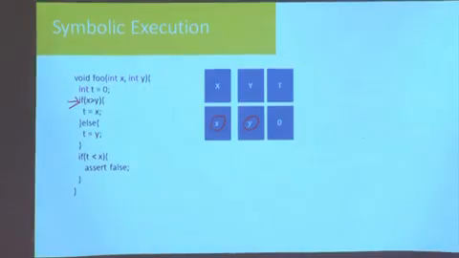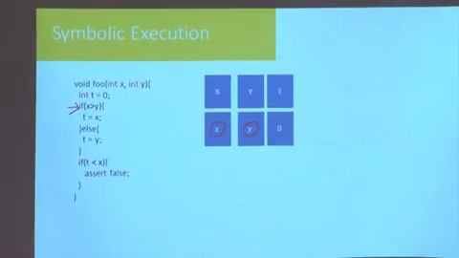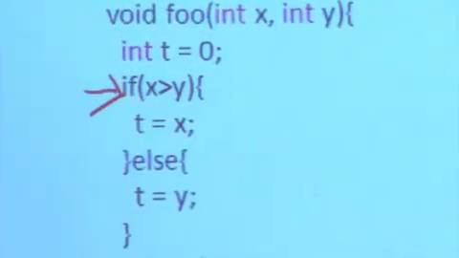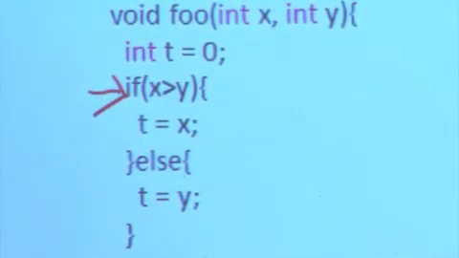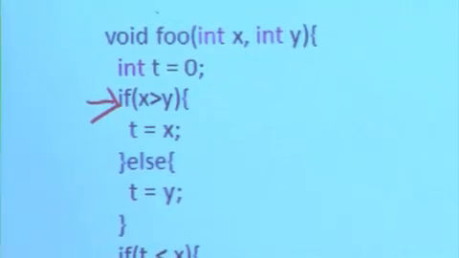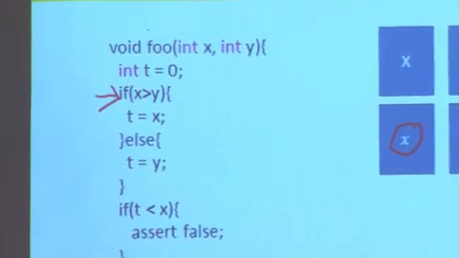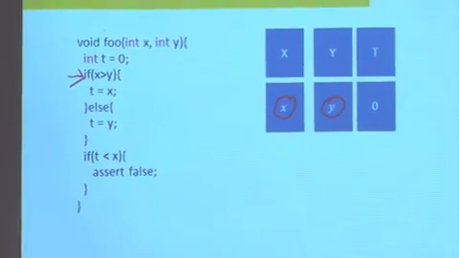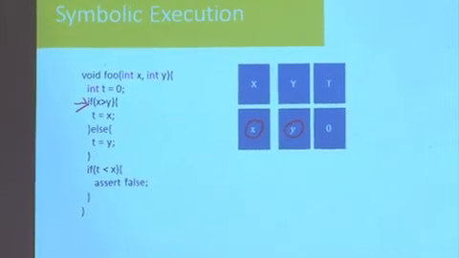So we get to this branch right here that says if x is greater than y, we're going to go in one direction. If it's less than or equal to y, we're going to go in another direction. Now, do we know anything about x and y? What do we know about them?